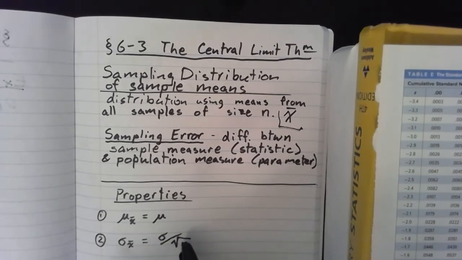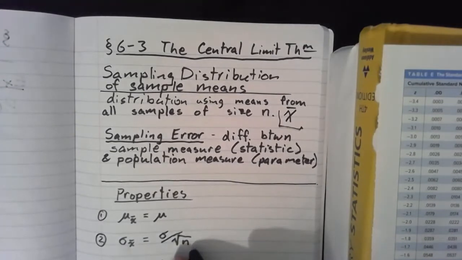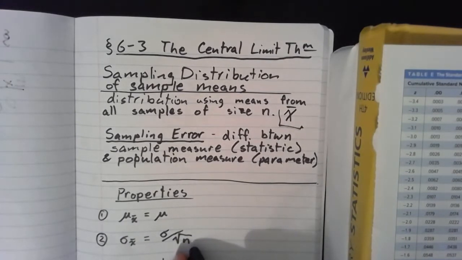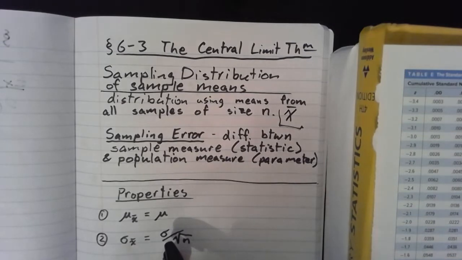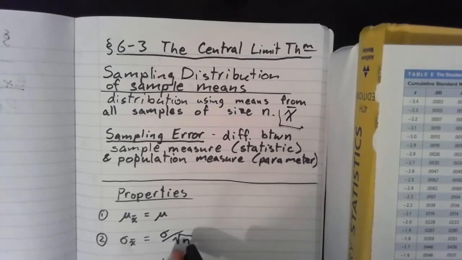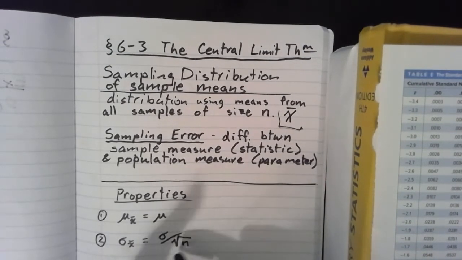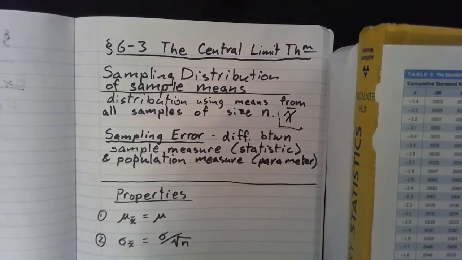And second, we actually have an estimation for it. It's not just less because we're dividing it by something. We know exactly that it's the original standard deviation of the original distribution divided by the square root of whatever the sample size is.